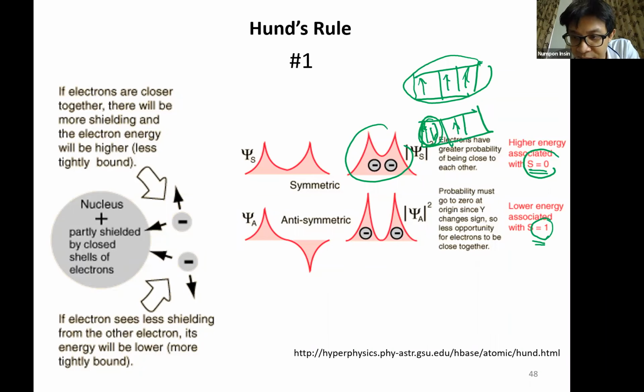So the spin multiplicity is going to be higher in this system, and it will result in lower energy because electrons don't get close to each other. Consider electrons as negative charges. They don't want to stay together. If you force them to stay together, like in the same orbital, they're going to be not stable. So this is the reason for Hund's rule number 1.